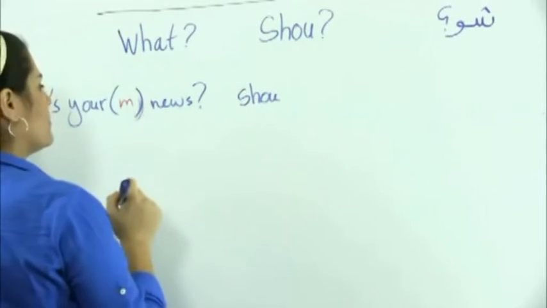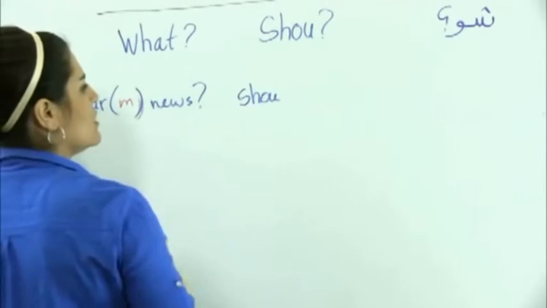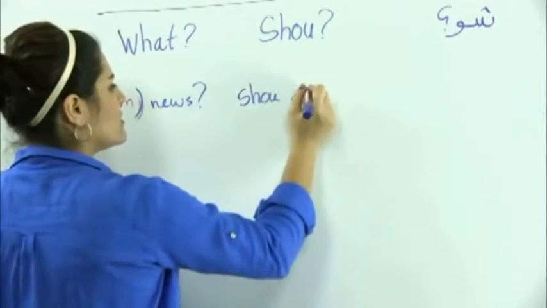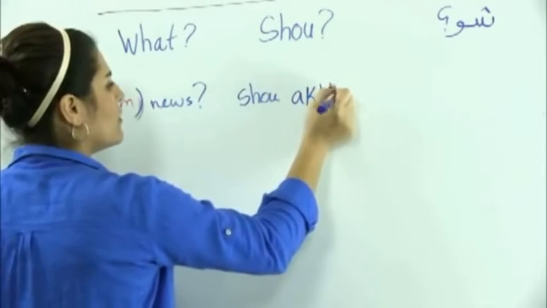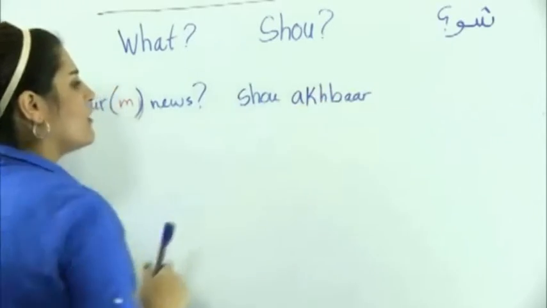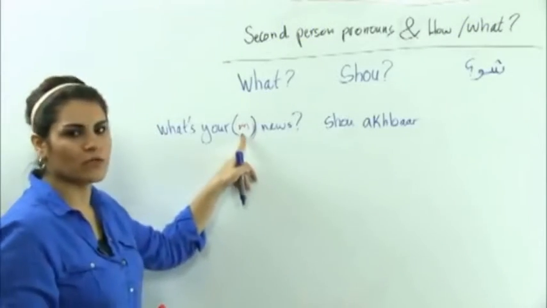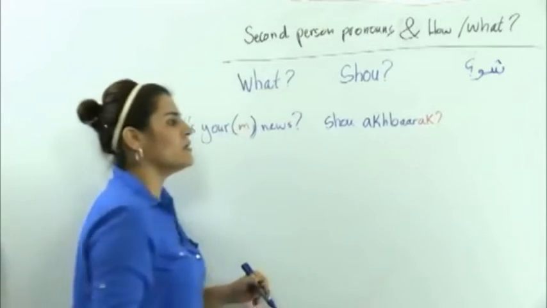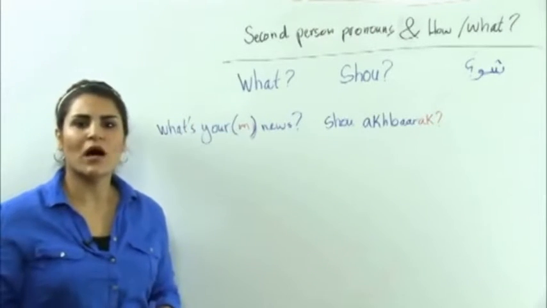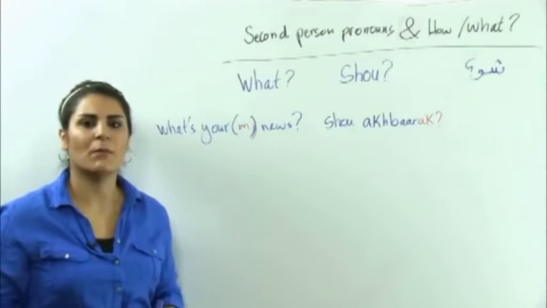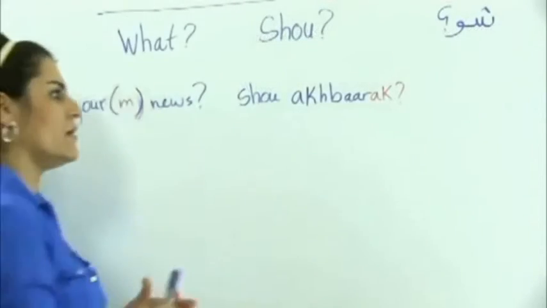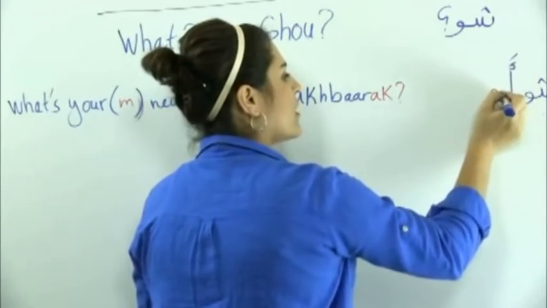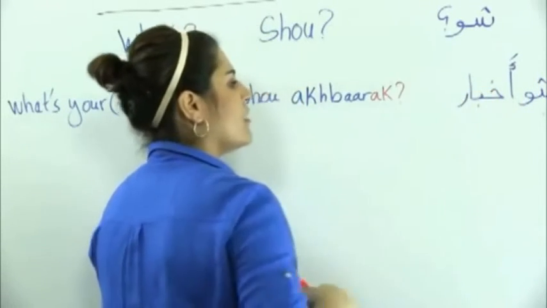So here we're constructing our question, شو, and then the word news is أخبار, and then you masculine is أك. So the question is شو أخبارك, and in Arabic it is the question شو, the word أخبار, and then the suffix أك.